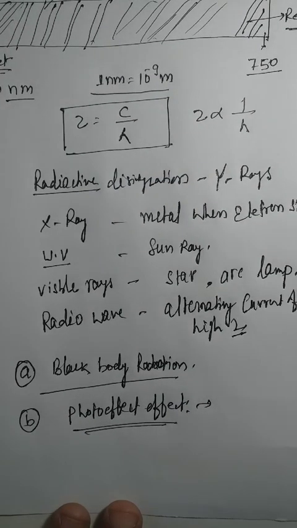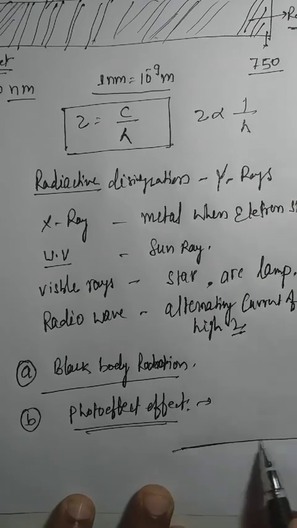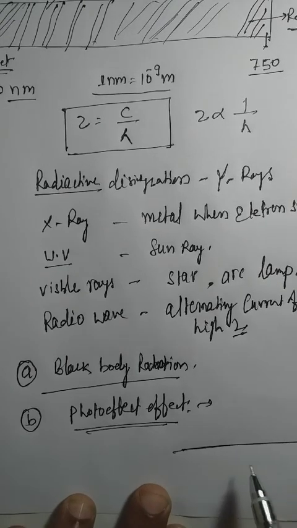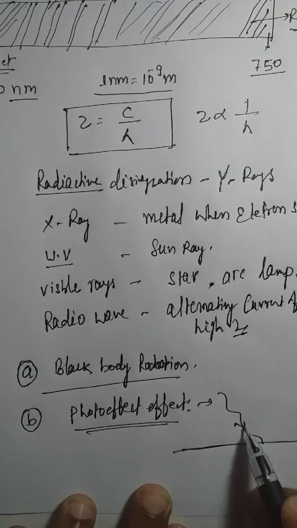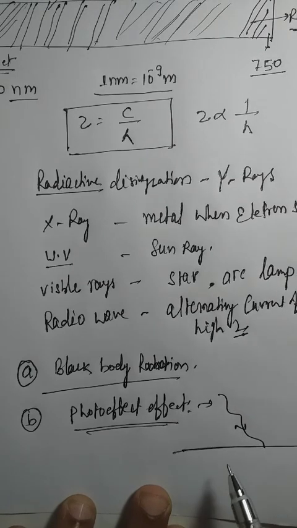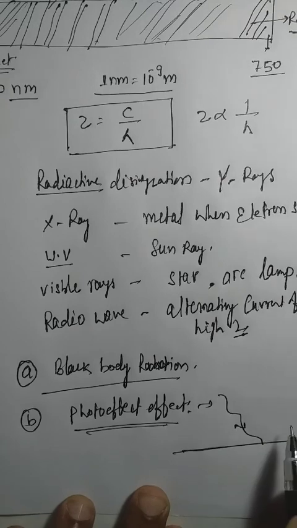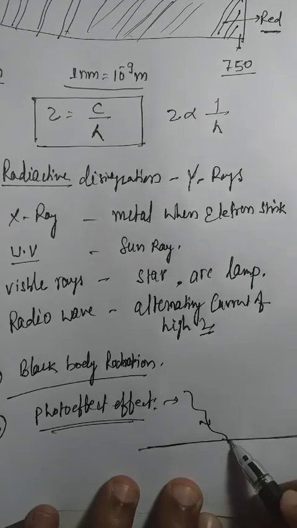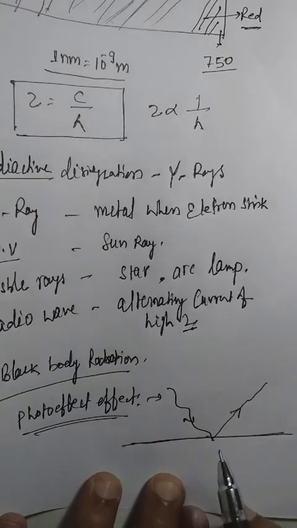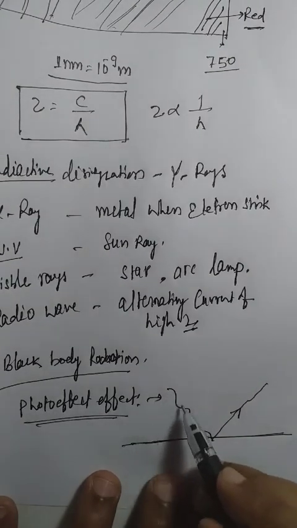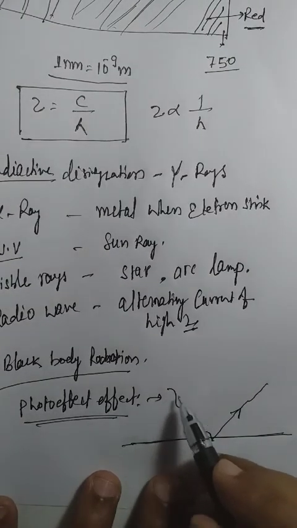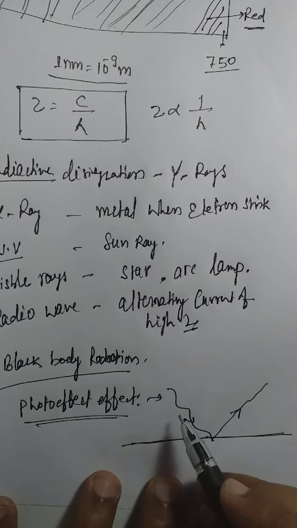In the photoelectric effect, we are projecting a beam of light of a certain frequency on the surface of a metal. Assume this is the surface of metal and you are projecting light at a certain frequency, and electrons get ejected. Frequency and wavelength are correlated to each other.